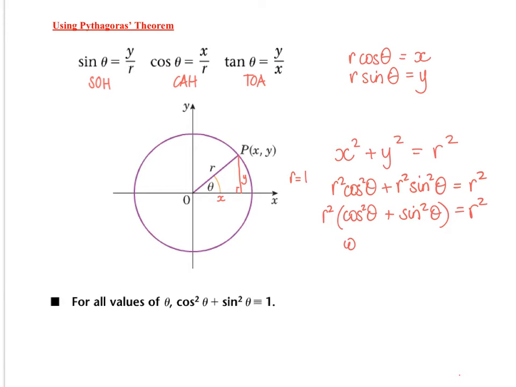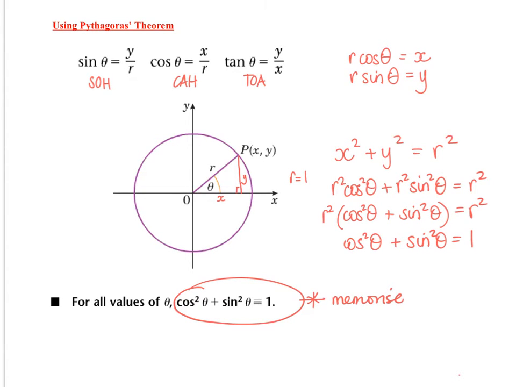Divide through by r squared, and that is equal to 1. So r doesn't necessarily have to be 1, because you can see from that little proof there that the r squareds actually cancel out. This is another identity. It's not given, so you've got to memorise this one as well.